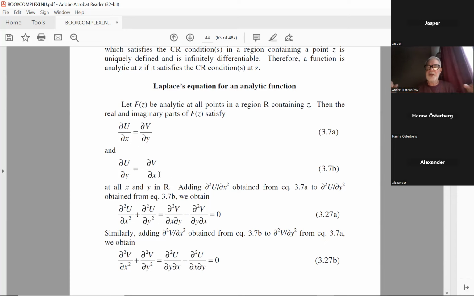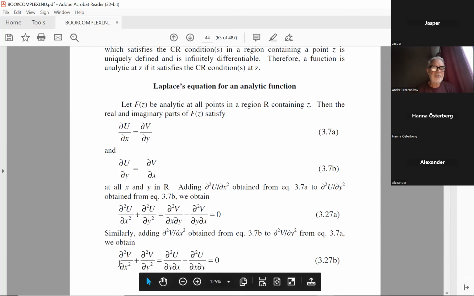If a function is twice differentiable and the second derivative is continuous, then the derivative dx dy is the same as dy dx. So we use this, that these two are equal, and here we get such an equation. Second derivative of u with respect to x plus second derivative of u with respect to y is equal to 0. And second derivative of v plus second derivative of v is equal to 0.